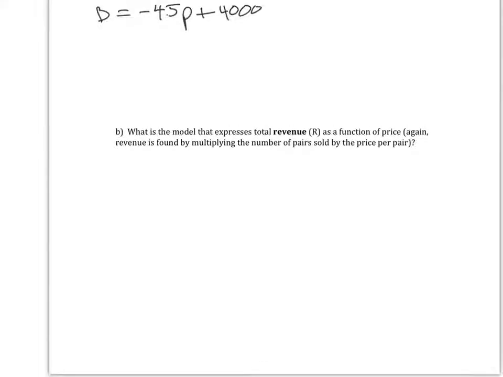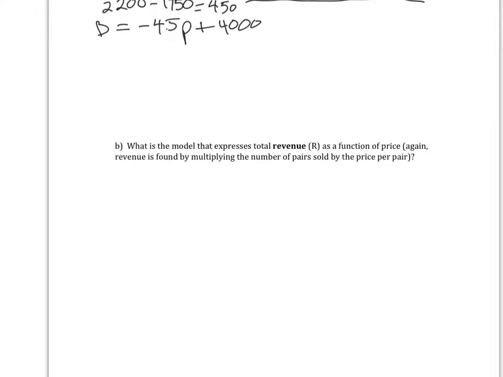Okay, so what is the model that expresses total revenue as a function of price? We now have that our demand is equal to negative 4.5p plus 4,000. And what we know is that every time we sell a pair of boots, we're going to be selling them for a price that's equal to p.